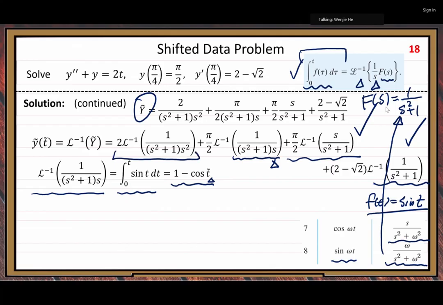The last term, the first one. How to do the first one? You have two ways to do it. One way is this function multiplied by 1 over s. That function, we just multiply by another 1 over s. Then we can apply this formula again, but this new capital F is this function. So we do the integral.